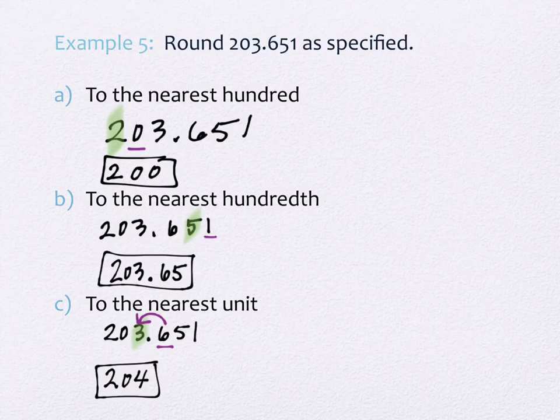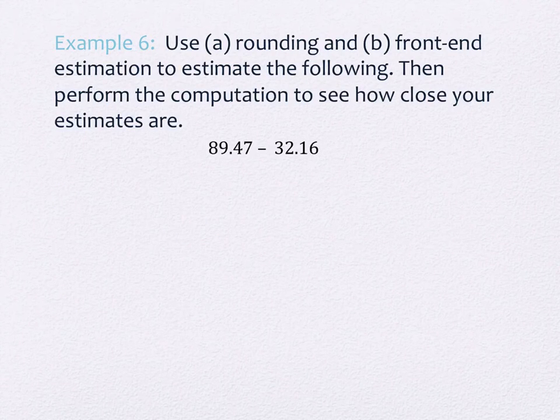Okay, example 6. This is like straight out of your book words. Use A, rounding, and B, front-end estimation. And it doesn't tell you anything about place value, right? So you get a pick. Now, let's think about it. If we get a pick, what's the nicest thing to round to?